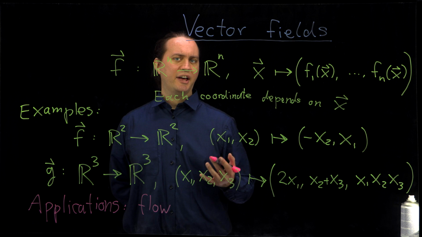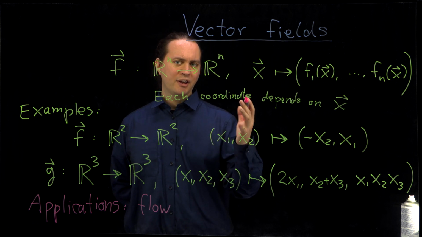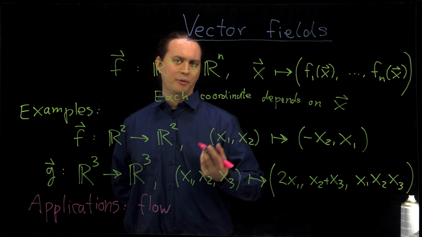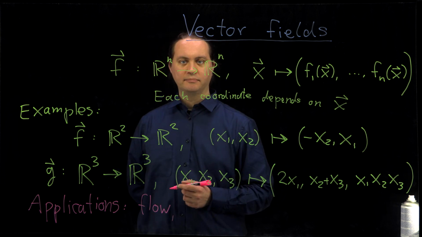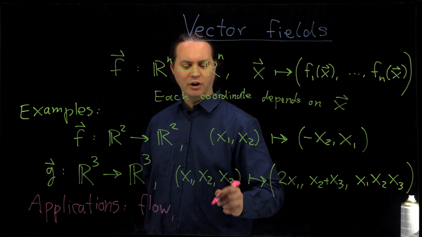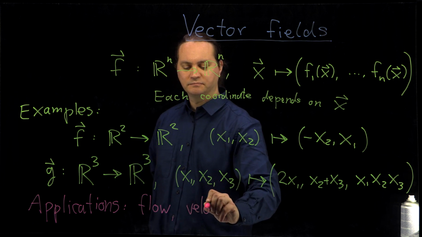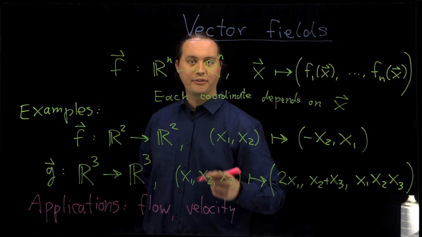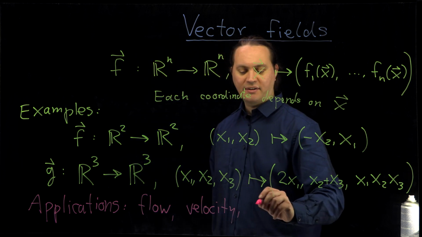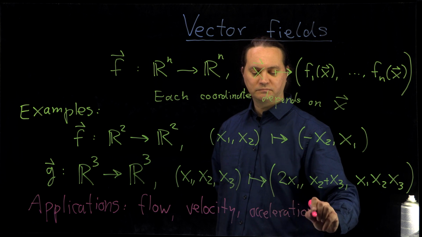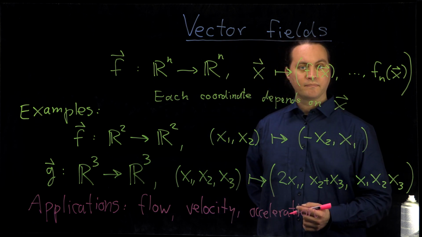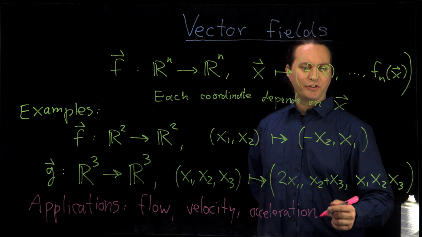There's one huge application, for example, in fluid dynamics. The motion of fluids is modeled in terms of vector fields. They may describe velocity. Depending on the physical application, they may describe acceleration. And for example, in physics, they will describe force fields.